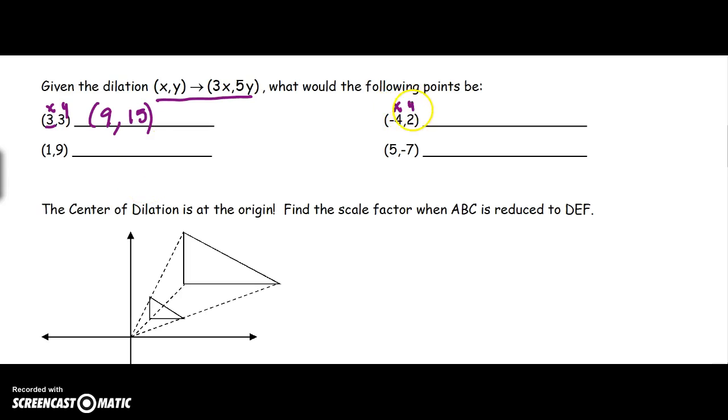So here you have (x, y) as well. When you substitute into that (3x, 5y), you would get (-12, 10). Over here, when you substitute (x, y), you would get (3, 45). And lastly, you would get (15, -35).